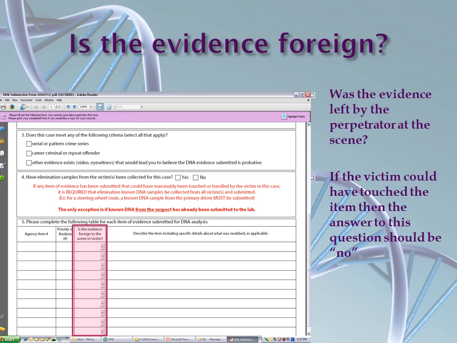And this means, was it left at the scene by the perpetrator? Pretty much if a victim could have touched the item, such as the steering wheel example, previously, then the answer to this question should be no, because that evidence is not foreign to the victim. It's likely the victim's DNA is on there. So the answers are yes, no, or unknown to this column.